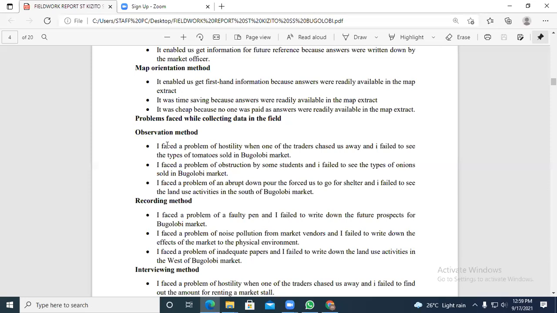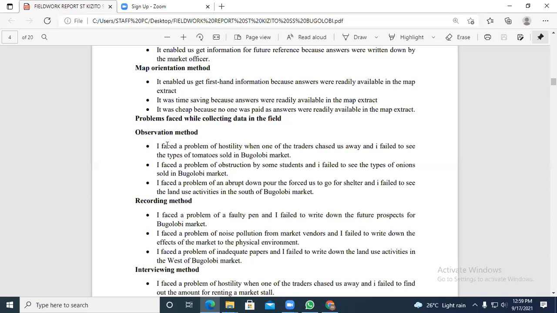Explain the problems you faced while using the above methods. Meaning that whatever problem you are going to put, you have to tag a method on it.